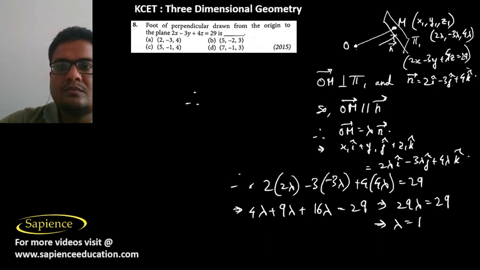Therefore the foot of the perpendicular is (2, minus 3, 4). Option A is the correct answer.